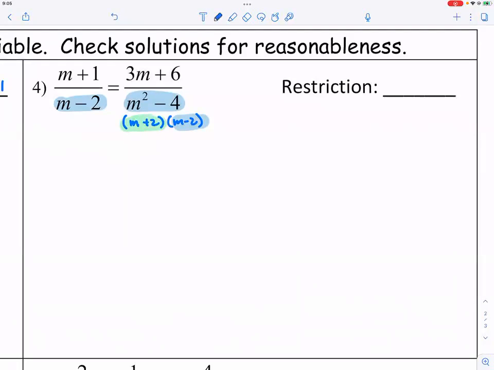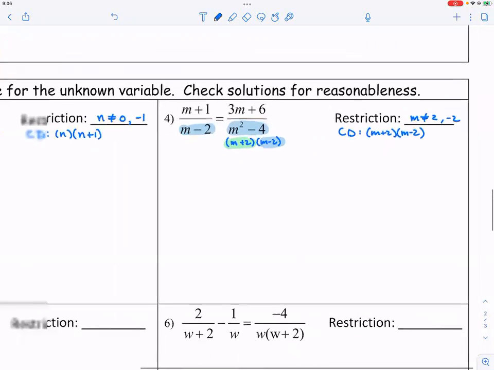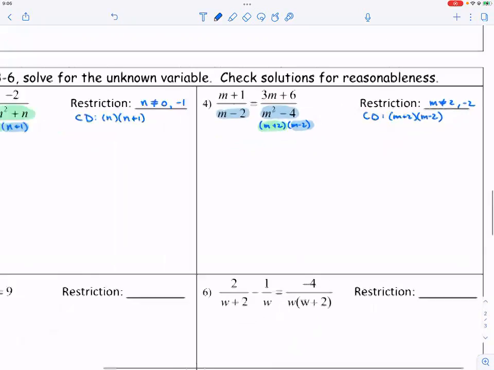So you include both m plus 2 and m minus 2. The restrictions would be m cannot equal 2 or -2. Whenever you see something factorable, you do factor it.